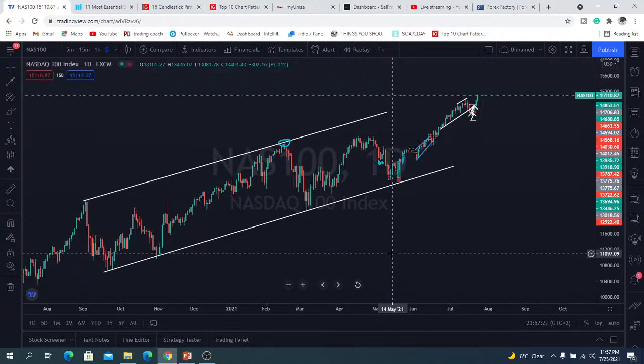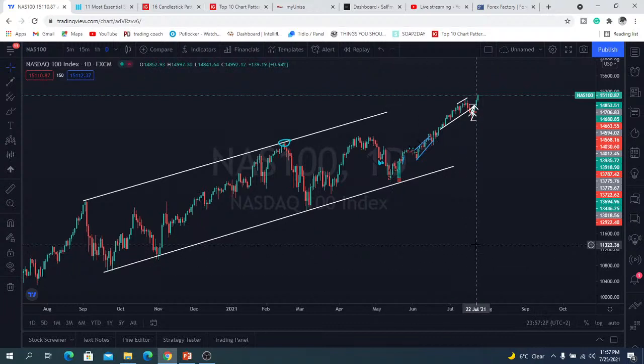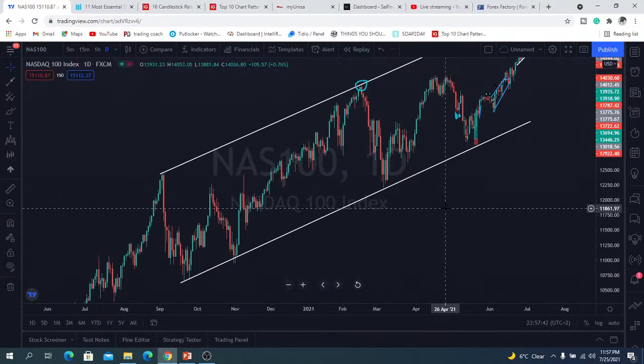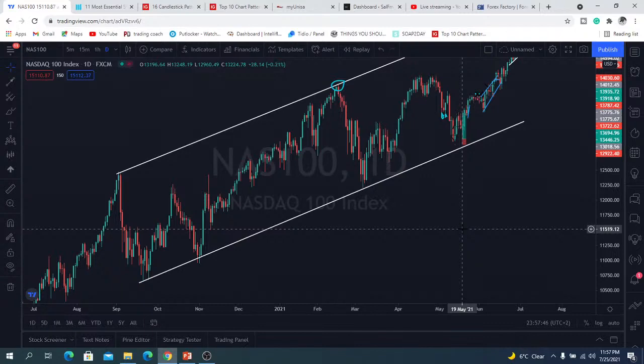That's one thing you need to understand. To be honest with you, I capitalize a lot on the moves to the downside, because they come impulsively, unlike the moves to the upside. Moves to the upside are just a normal move.